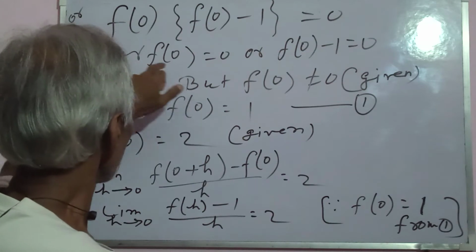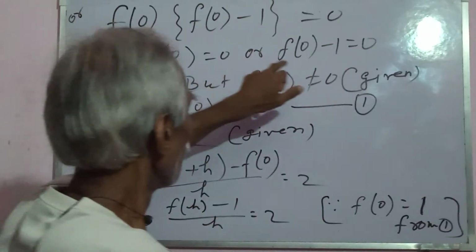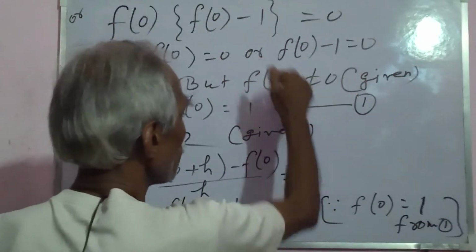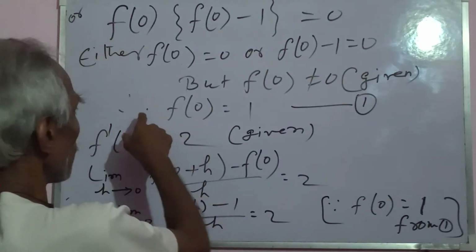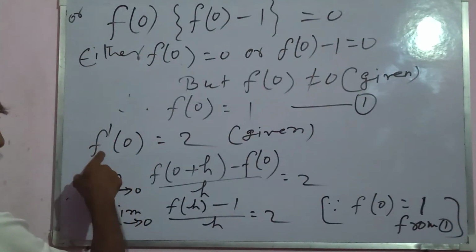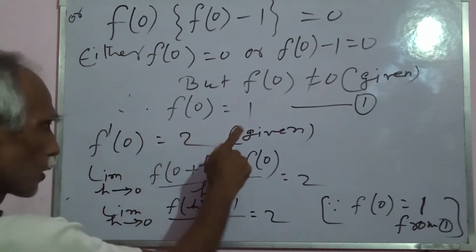From this, either f(0) = 0 or f(0) - 1 = 0. But f(0) cannot be 0, it is given in the sum. Therefore, f(0) = 1. This is equation first.